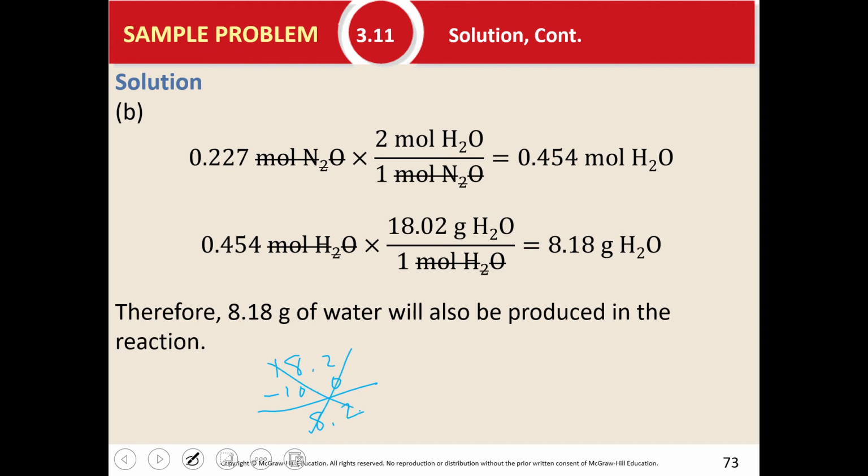That doesn't work. So what we have to do is take the moles of dinitrogen monoxide, which is what they've done here, and convert it to moles of water. Why? Because the only relationship we have between the dinitrogen monoxide and the water is the coefficients from the balanced chemical reaction.